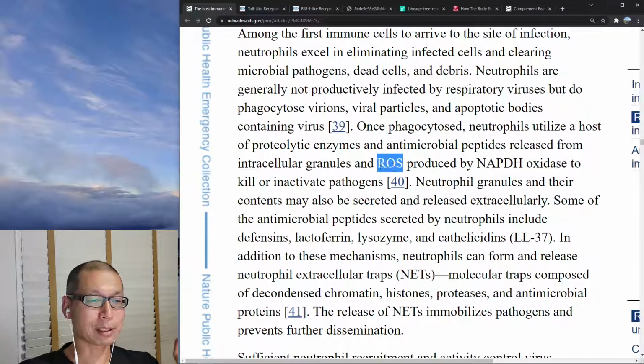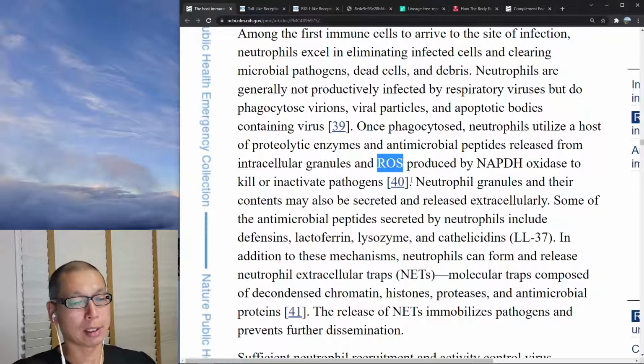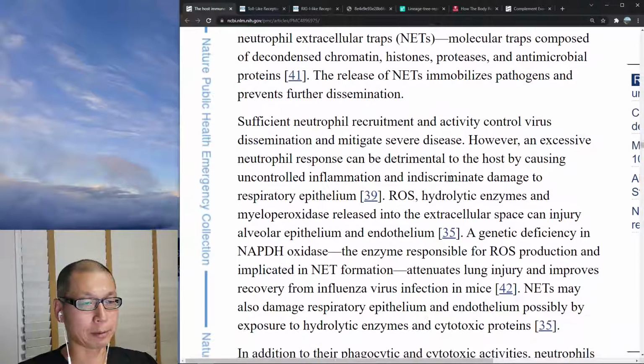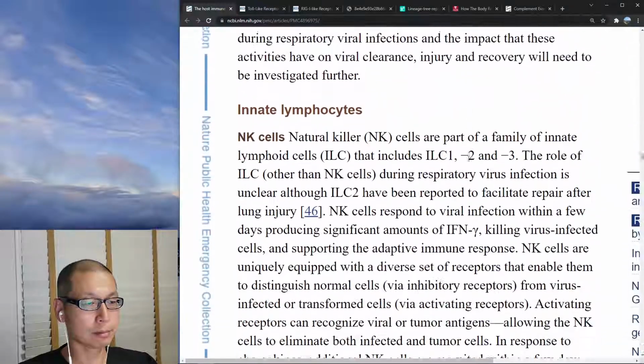Oxygen is a pretty reactive atom, and they'll make these molecules with different kinds of oxygen in them that are very reactive, and you can think of it as they corrode the proteins of the viruses and the bacteria.